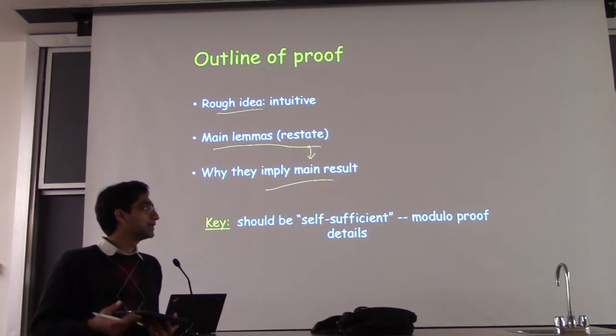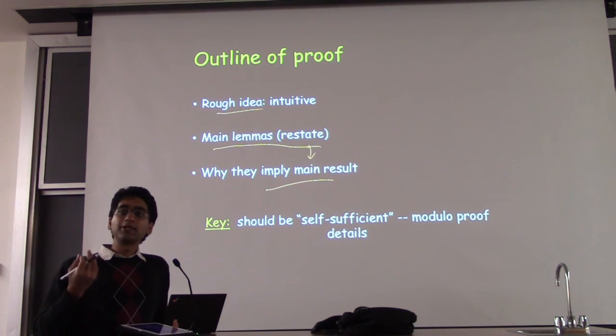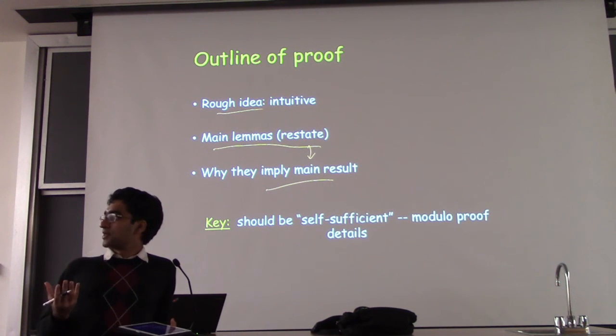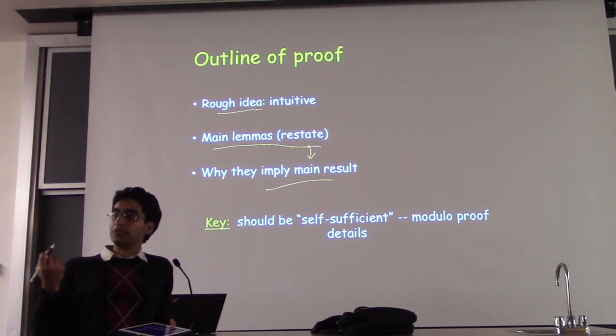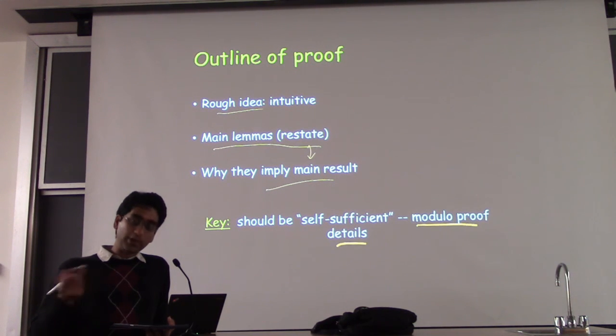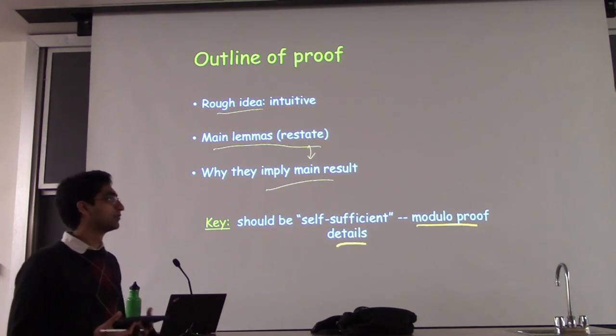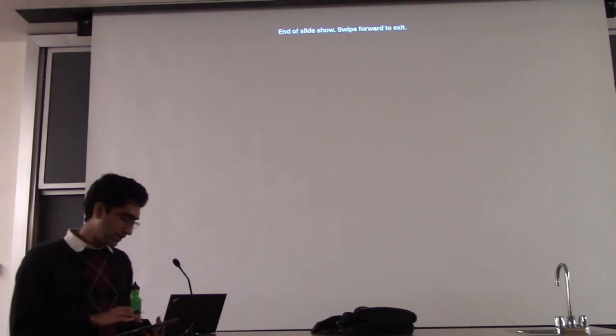The way it should read is, if someone's willing to believe you about the statements of these lemmas, then they should be able to see the proof. The details you don't have to go into, but the key statements are useful. So let me stop there.